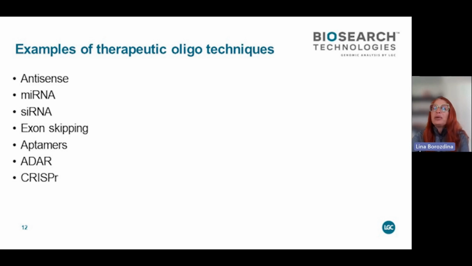Examples of therapeutic oligo techniques are antisense, which is one of the oldest ones, mRNA, siRNA, exon skipping, aptamers, ADAR, and one of the latest technologies, CRISPR, which is gene editing.